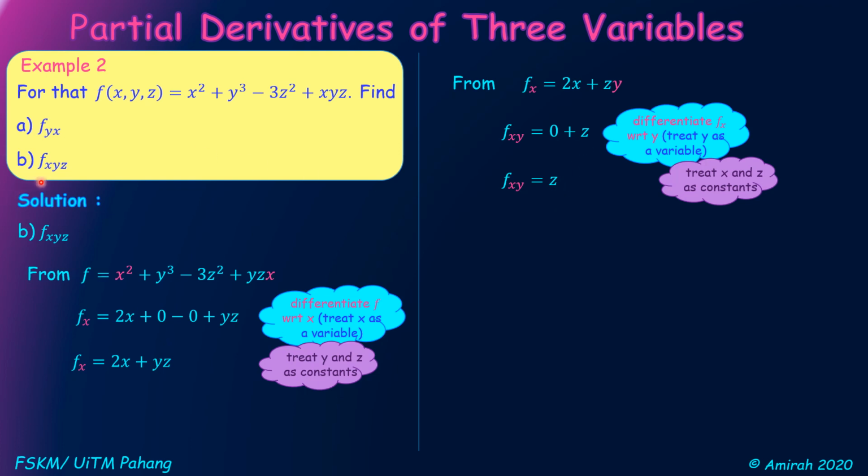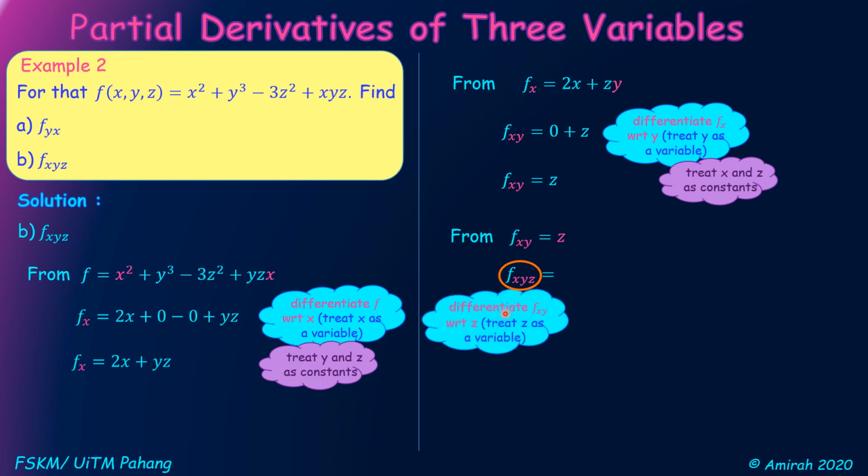Now after we find fxy, we can find fxyz. To find fxyz, we differentiate from fxy. From here, we have fxy equals z. fxyz means we differentiate fxy with respect to z.